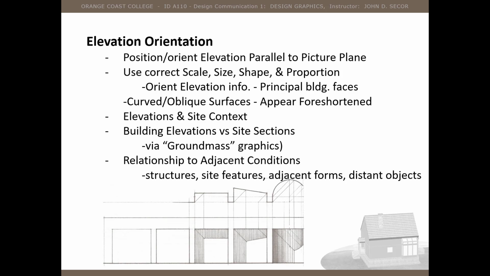The elevations and the site sections both have a reliance, just as the section drawing did, on that very heavy ground line, that heavy line that's placed at the bottom of the object to identify where it connects to the ground. So that ground line needs to have weight, and it's a way of us understanding what its orientation is.